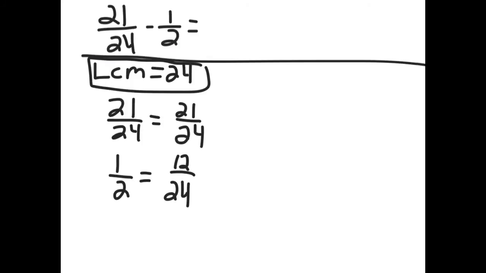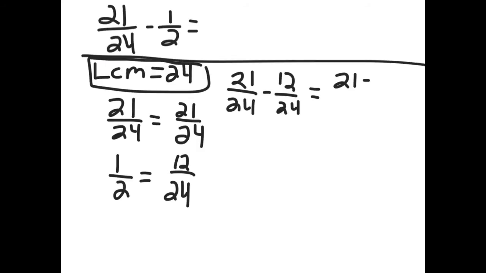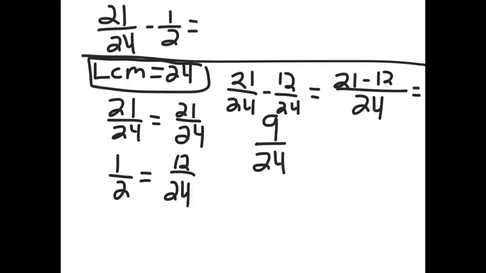So now we would subtract 21 over 24 minus 12 over 24, which would equal 21 minus 12 over 24, which would then equal, as our final answer, 9 over 24, but we need to simplify it by dividing it by 3 in both places to get 3/8 as our answer.